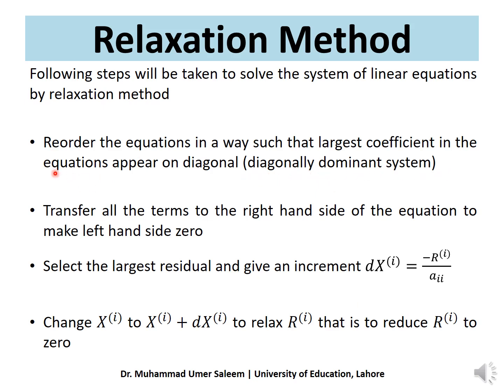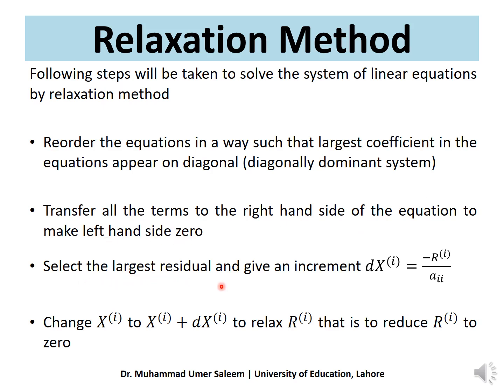The next step is to make the system diagonally dominant if it can be made. If you cannot make the whole system so, then convert most of the equations into diagonally dominant form. The next step is to transfer all the terms to the right-hand side of the equation to make the left-hand side 0. Then these will be the residuals.